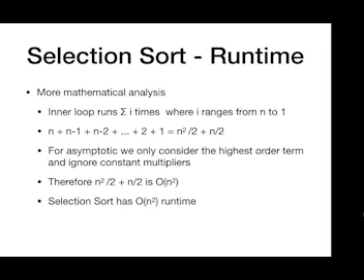And in asymptotics, we're only going to look at the highest order term, and we're going to ignore any constant factors. So we still end up with an O of n squared asymptotic runtime. Even though it's not strictly n squared runtime, it is of order n squared. We have a degree 2 polynomial as the runtime, so we're going to say n squared. That's the runtime.